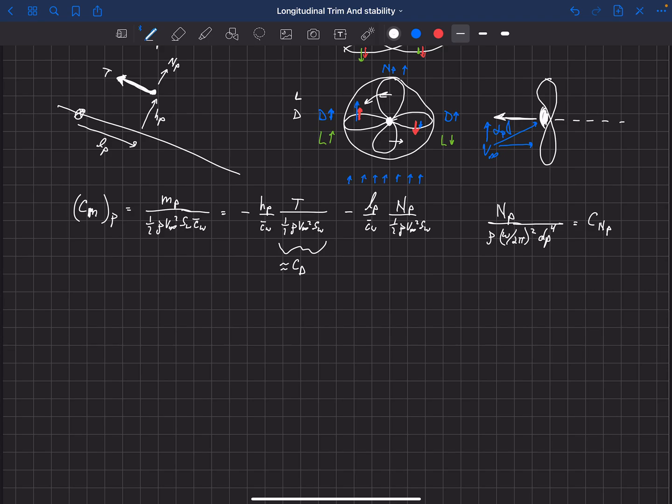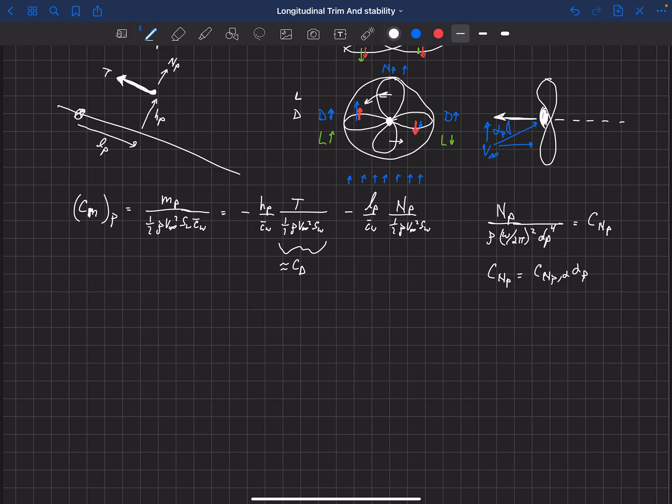So omega is the rotation rate of the propeller, D sub P is the diameter of the propeller, and rho is still the density of the fluid. We're going to assume that C_N,P can be expressed as C_N,P,alpha times alpha_P. We're just going to assume that it's linear with angle of attack of the propeller, and that if the angle of attack of the propeller is 0, then that normal coefficient is also 0.